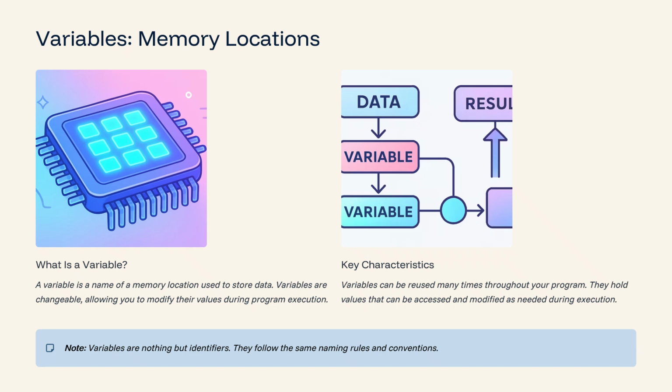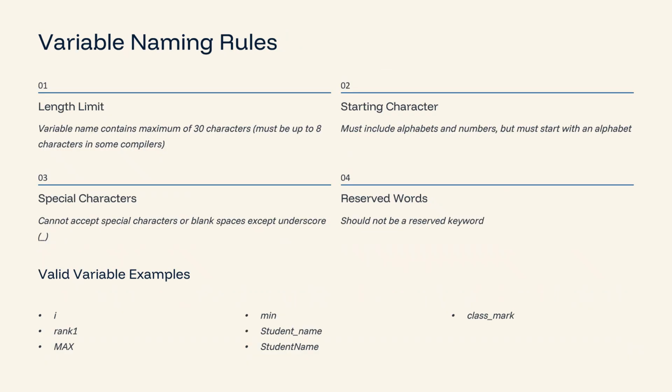These rules are defined for defining a variable. Variables can be reused many times throughout the program. They hold the values that can be accessed and modified as needed during program execution. Now we will see some examples of variables. Regarding the length limit, a variable can contain a maximum of 30 characters, and only up to 8 characters in some compilers.